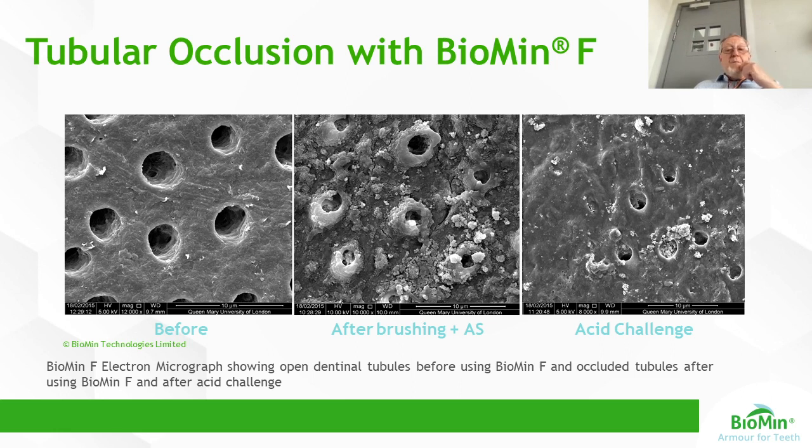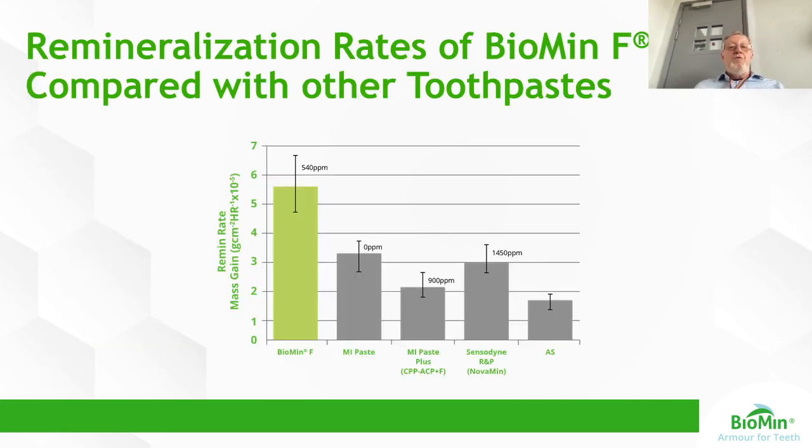In terms of remineralization, we have a lot of in vitro studies published. And this is some data from ourselves, where we look at the remineralization rates of BioMin F compared to other toothpastes, remineralizing pastes.